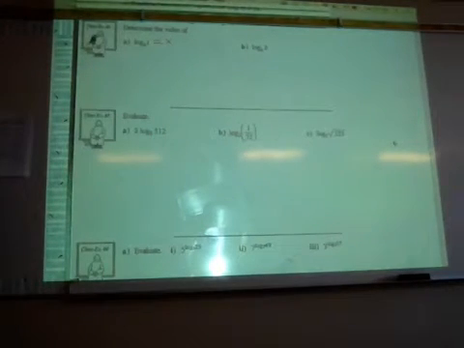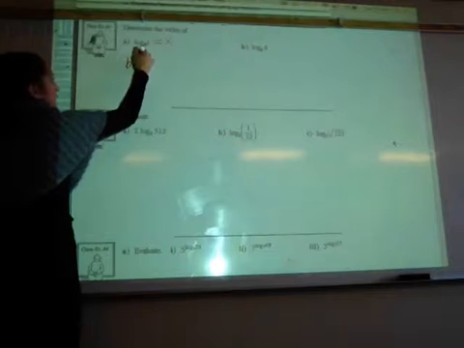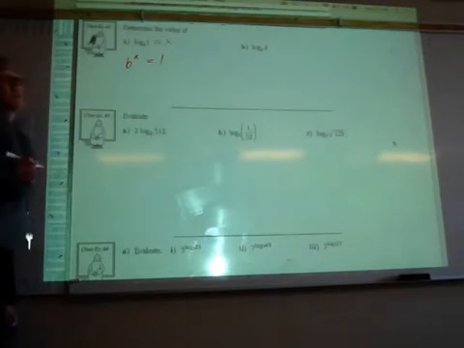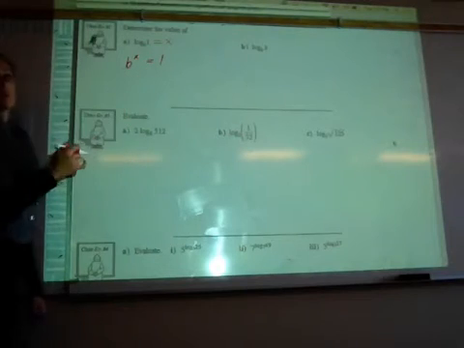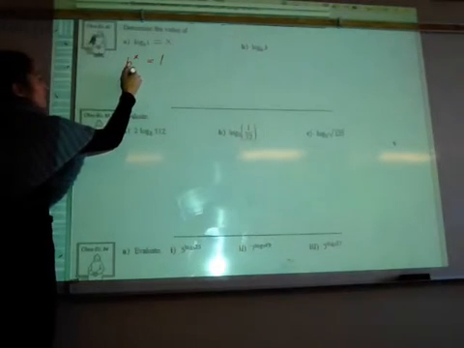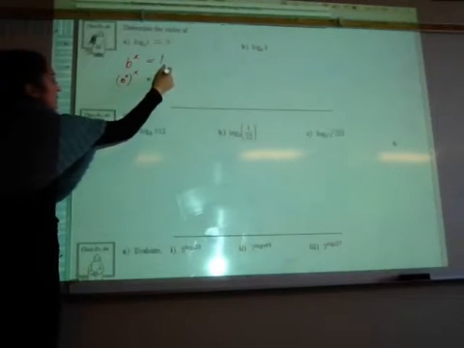Okay, log base b, argument 1 equals x. Exponential form, b to the power of x equals 1. Let's do it Chris's way, actually. Let's make b base 1. So to do that, I need to go b to the power of 0, to the power of x equals 1.